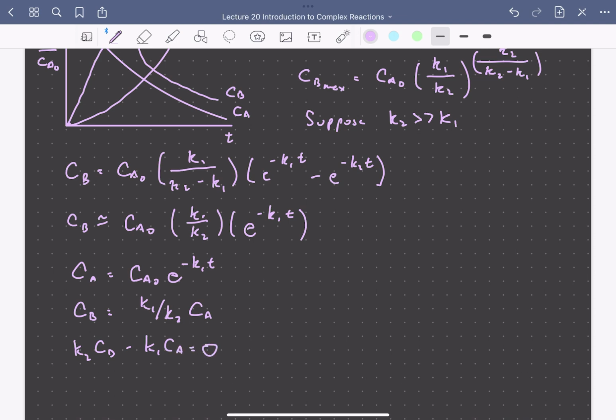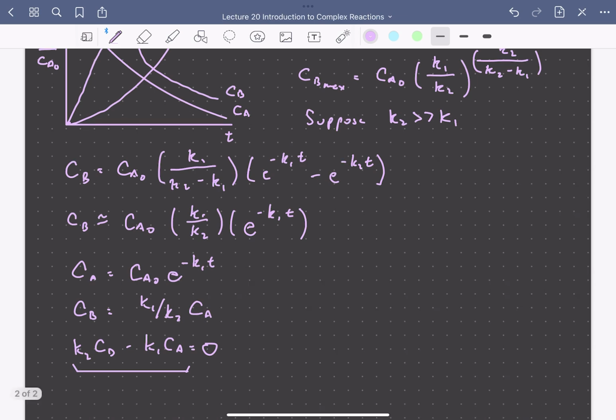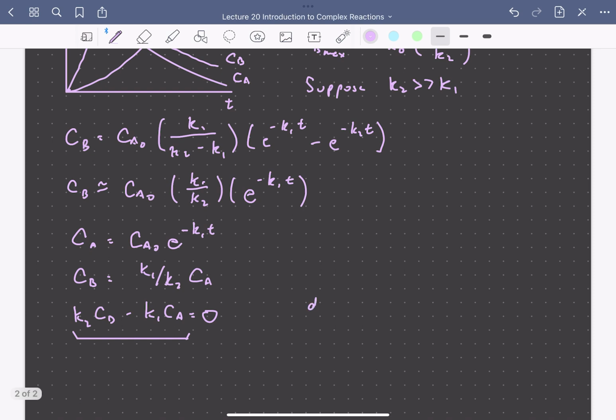So if we multiply this expression by minus 1, we can see it's identical to our mole balance on B. So this left-hand side is simply our mole balance on B, dCb dt. So what this means is that under these conditions, dCb dt is approximately equal to 0.